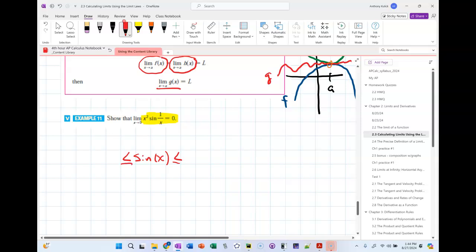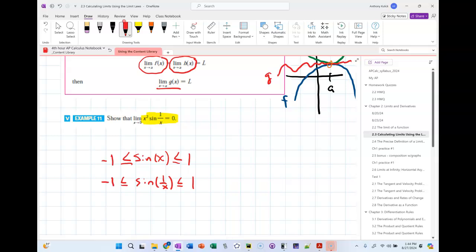What is sine bounded between? 1 and negative 1, right? We remember that from trigonometry. No matter what is inside my sine function, the output is still just going to be bounded between negative 1 and positive 1. Everybody agree with that?